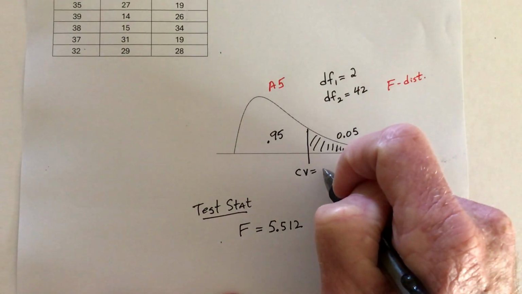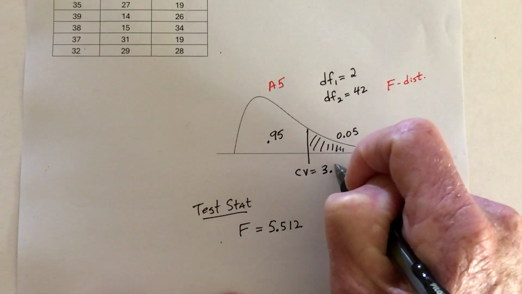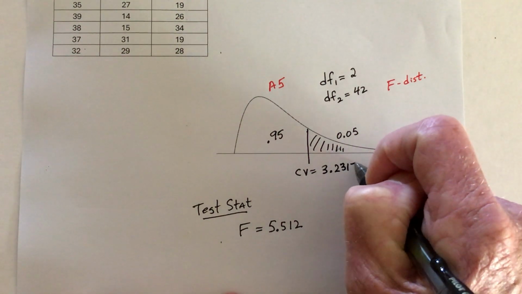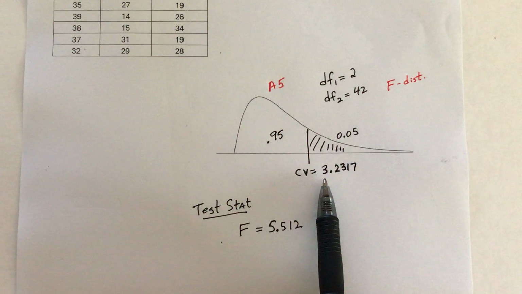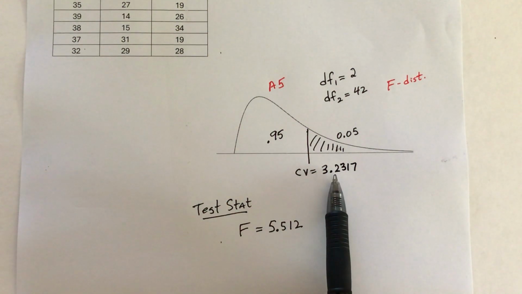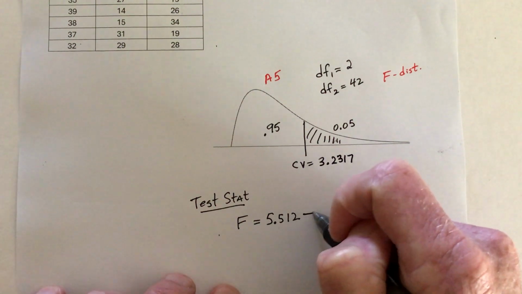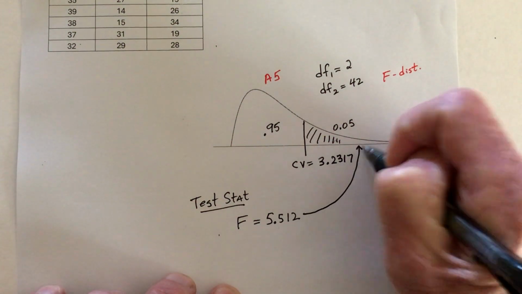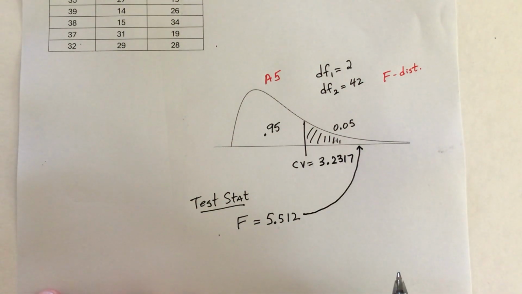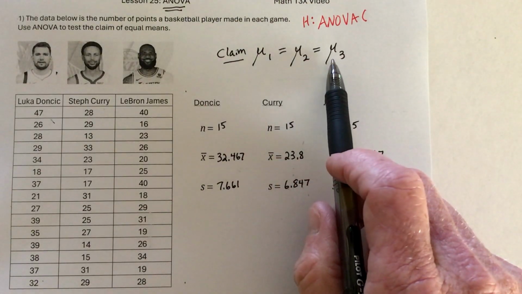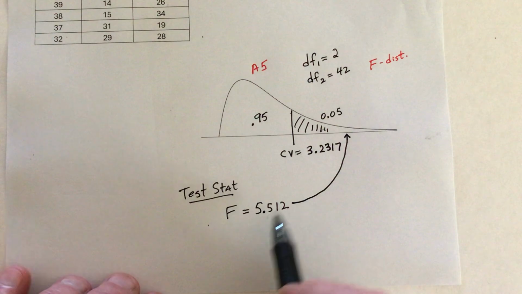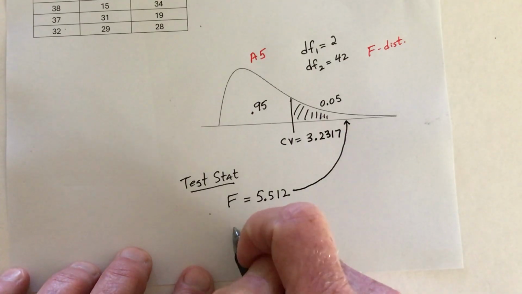So the critical value is 3.2317. So anything that goes past a 3.2 is considered unusual. This 5.5 definitely goes past the 3.2317. That means that my claim is false. So when it goes past, that means the claim is false.